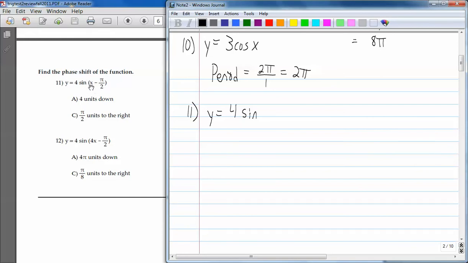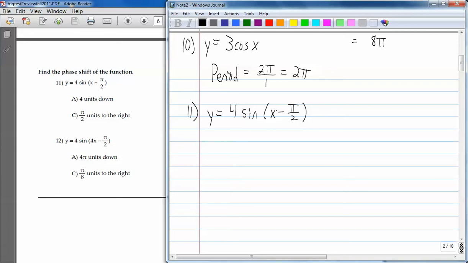Don't get that confused where if we just had like plus 5 out at the end, that wouldn't be the same thing. And so the first thing we need to do when we notice there is a phase shift is, if there is an omega, if there's something in front of the x, then you want to factor that something out. Now on this problem it's just a 1x, so you don't have to factor anything out.